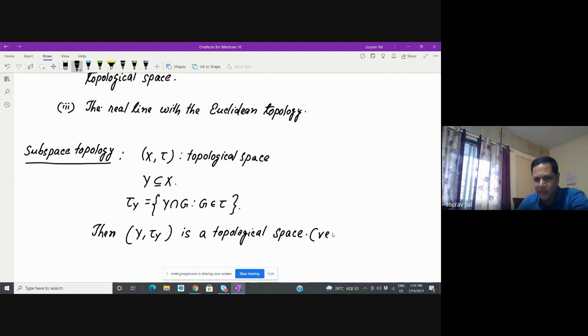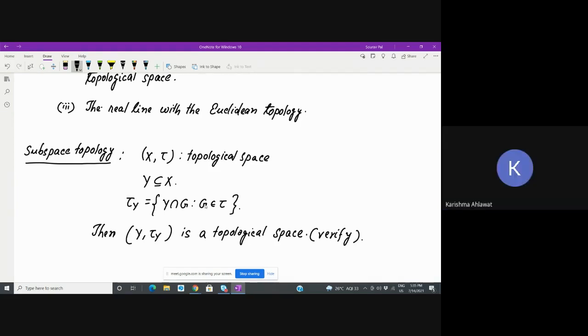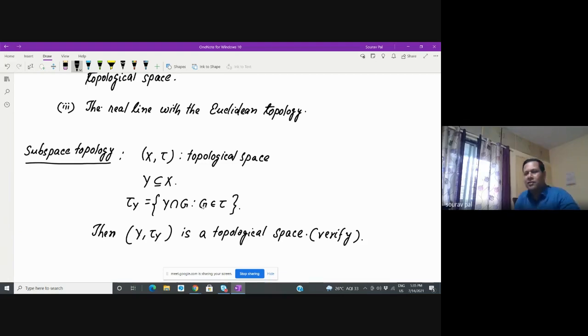Please verify this. There is nothing to verify at all. It contains Y. Why does it contain Y? It has to contain phi and Y, right? If you want to get back Y from this collection, what G would you choose? X itself. Yes, exactly, X itself.